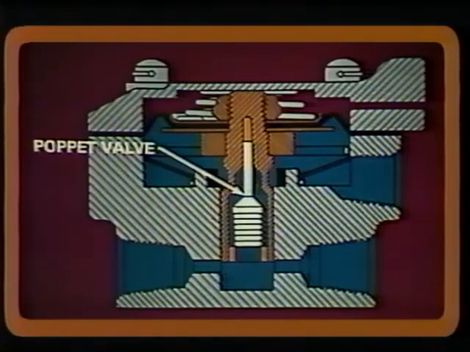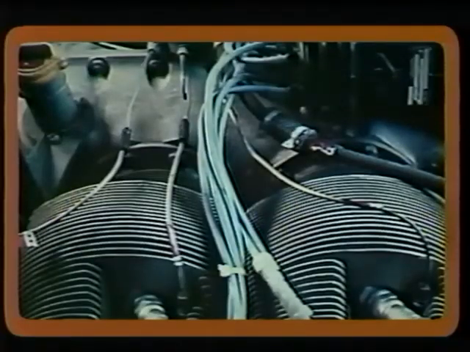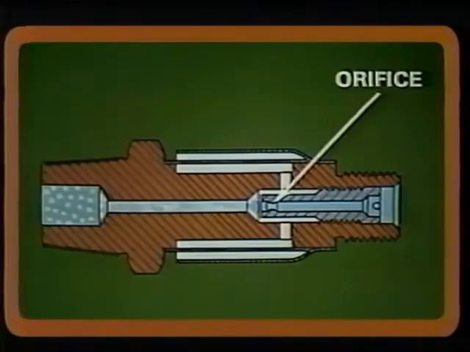From this point, we can see that uniform lengths of stainless steel tubing are used to connect the manifold valve with the individual nozzles installed on each cylinder. And each nozzle has a very accurately calibrated orifice through which the fuel delivered by the distributor valve must pass.